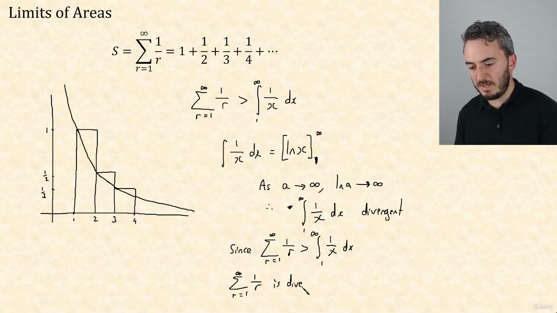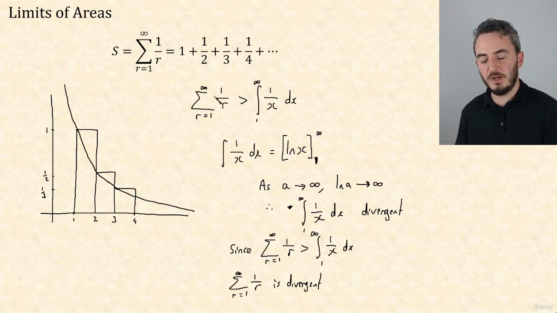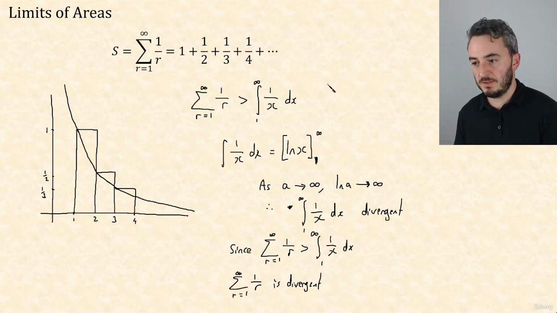Now, if we're being really precise, then what I've written doesn't really make sense. So let's write this out a little more formally. Rather than going up to infinity, we can't compare to infinities. What we can say is that for any stopping point n, the sum from r equals 1 to n of that is always greater than the integral from 1 to n of that.